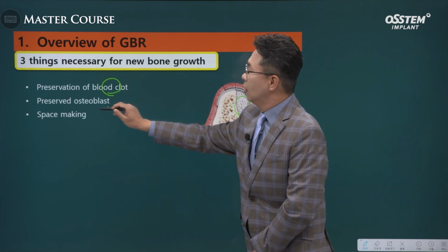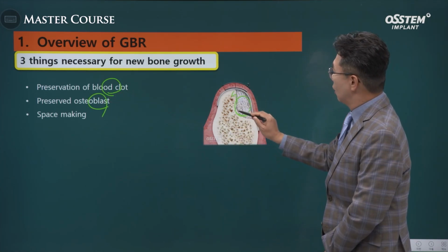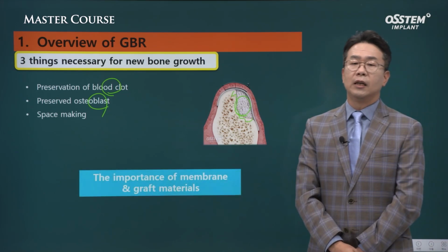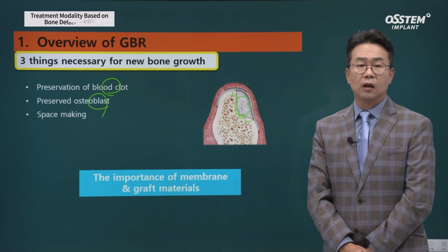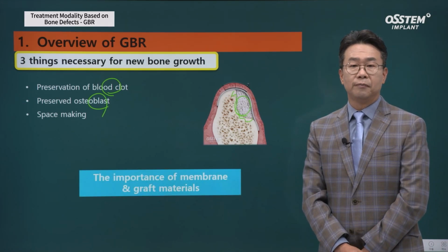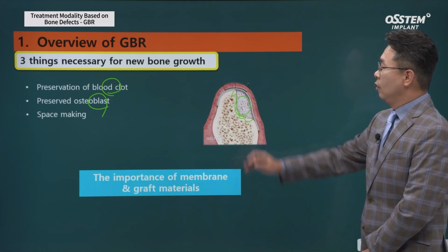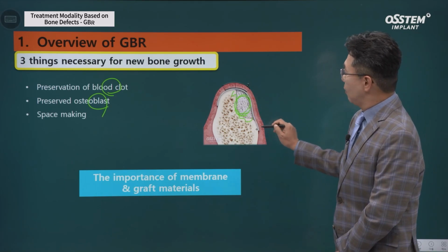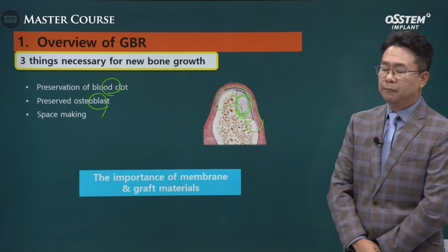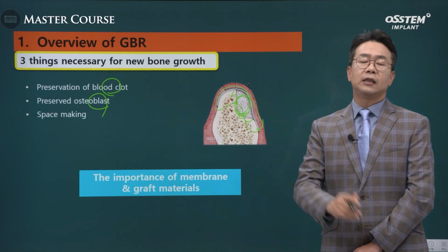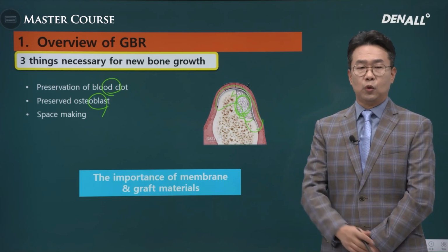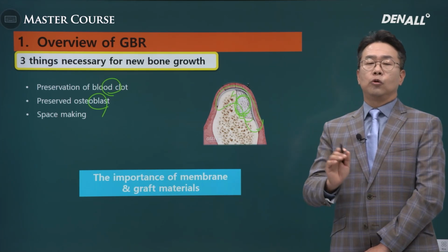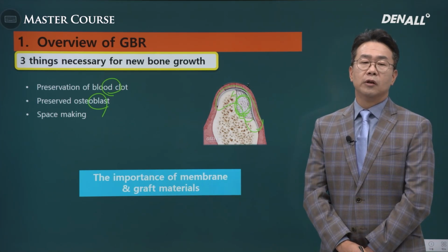Blood clots and osteoblasts are maintained within the space, so it is very important to know that the membrane along with bone graft material play a very important role here. Bone graft material and membrane need to be in balance in order for us to get good results.